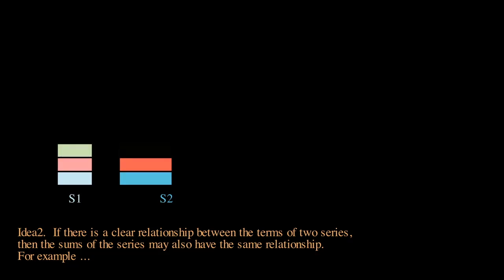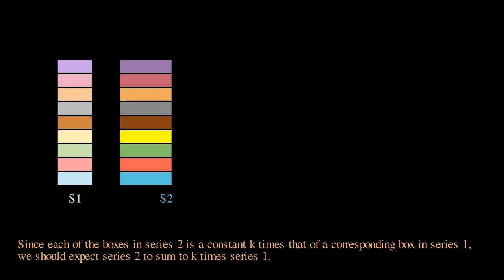Term 3 of series 2, the green box, is some constant k times term 3 of series 1, the light green box. And so on. Since each of the boxes in series 2 is a constant k times that of a corresponding box in series 1, we should expect series 2 to sum to k times series 1.